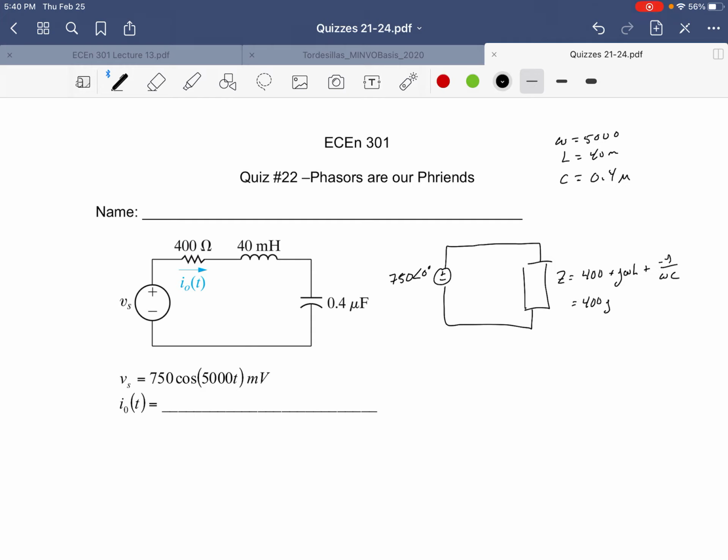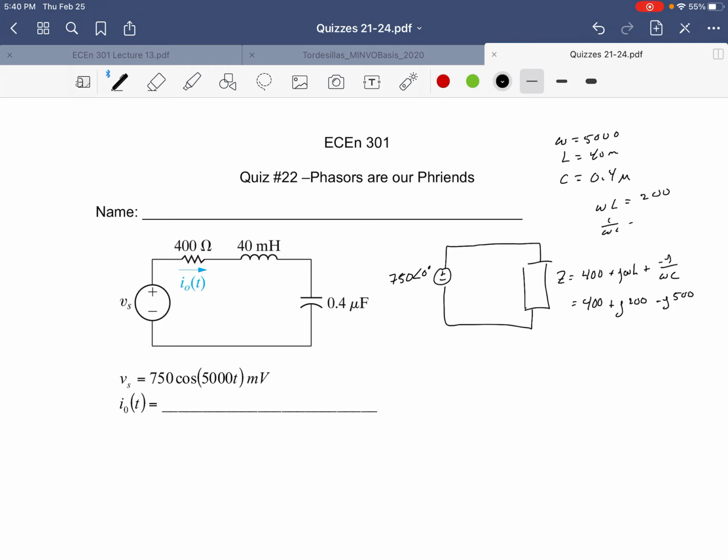Sorry you couldn't see any of that. I was typing on my computer. So this is going to be 400 plus, and then I get that omega L is equal to 200, so this is going to be plus J200. And then if I do 1 divided by omega times C, I get minus J500.